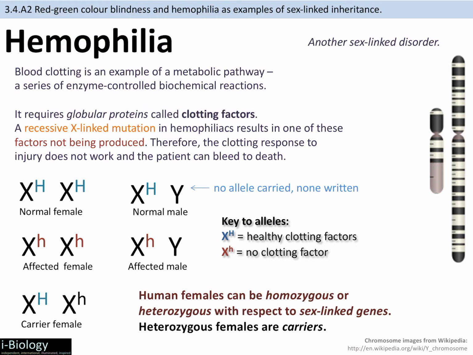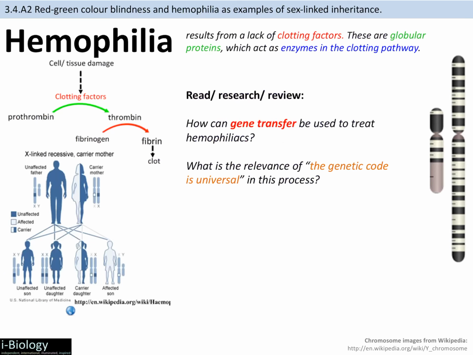There is a factor, which is a protein, required to change prothrombin to thrombin, fibrinogen to fibrin, and those fibrin form the mesh which helps in the formation of the blood clot. So these people do not have the clotting factor. If they don't have the clotting factor, the blood will not clot, and this is again a recessive X-linked mutation. It is only present on the X gene, same thing like color blindness.